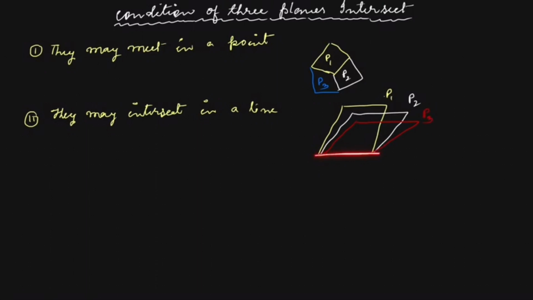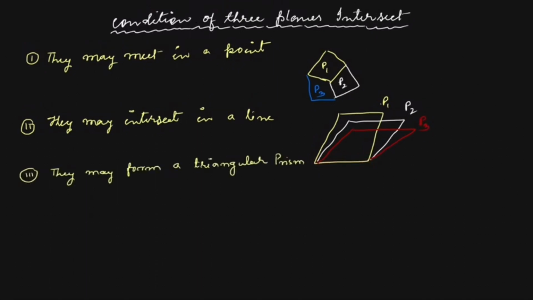The intersection is a line. Condition number 3, they may form a triangular prism. Draw the diagram. This is plane number 1, this is plane number 2, and this is plane number 3.